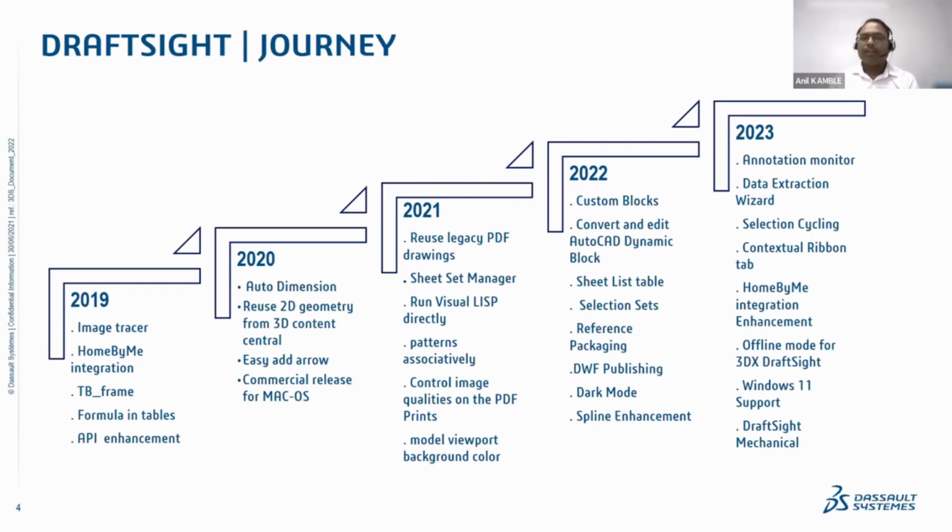The functionality is, for example, custom blocks that we spoke about, which help to configure and automate the blocks. And if you have dynamic blocks within the legacy drawings, you can modify them and edit them and then convert them into custom blocks.